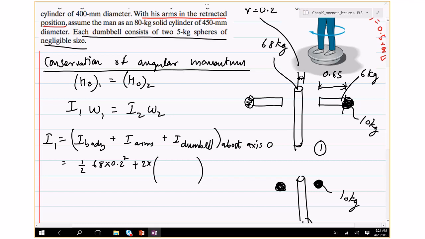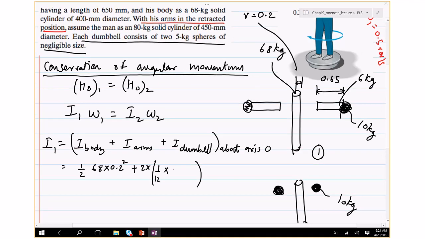It is 1 by 12 ml squared. So 1 divided by 12 times the mass, which is 6 kgs, times the length, which is 0.65.